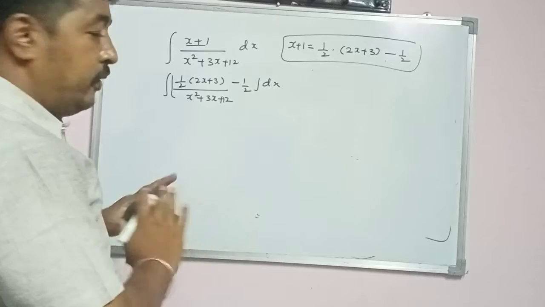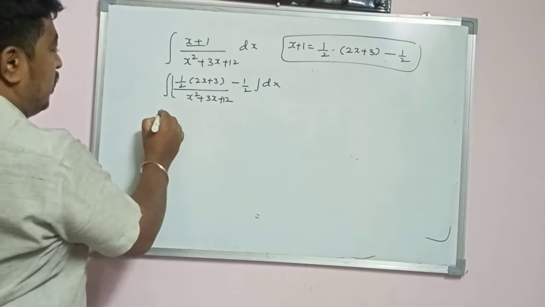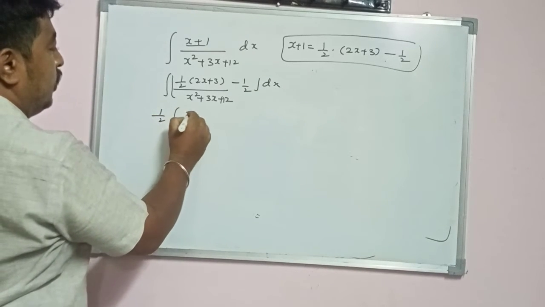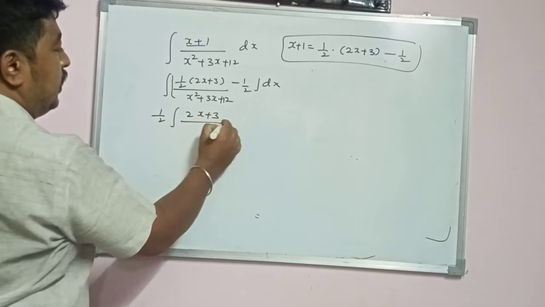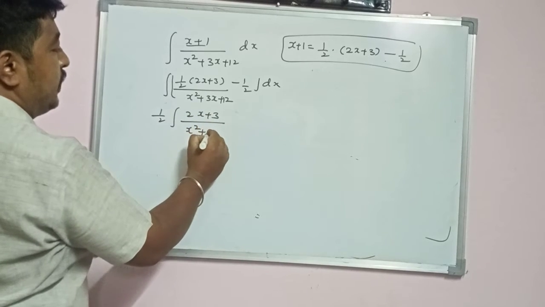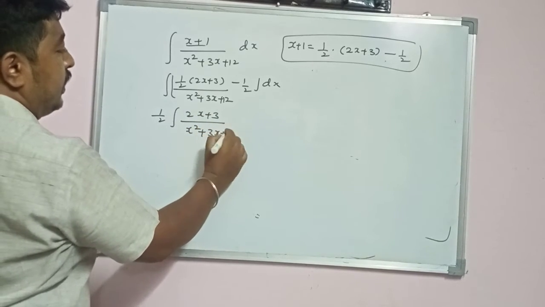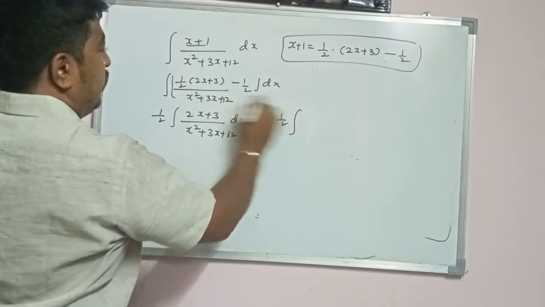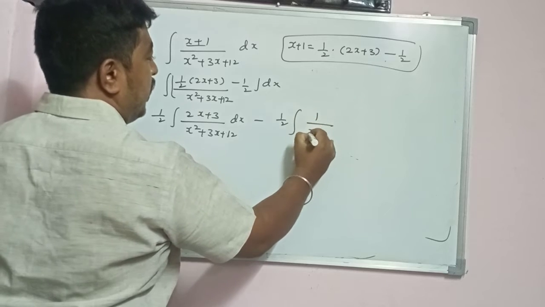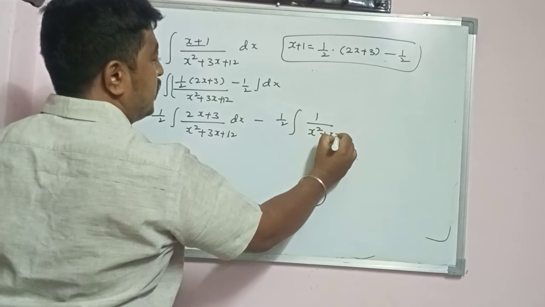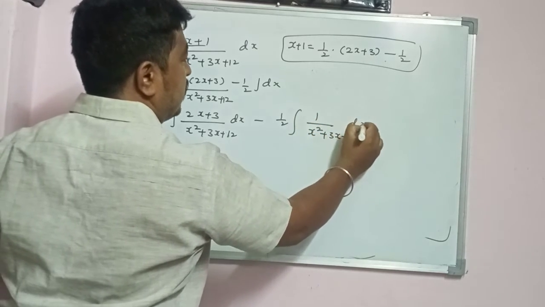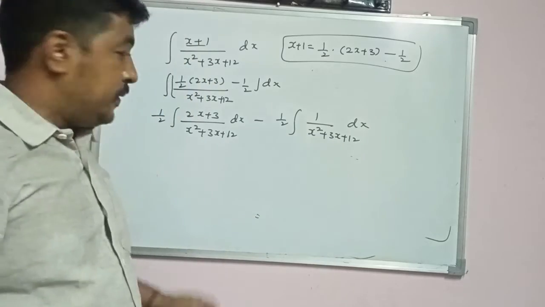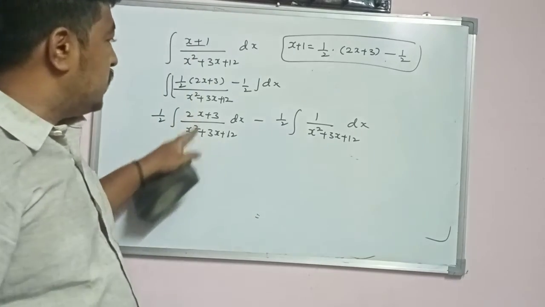Now I want to divide partially, that is half integration of (2x + 3) / (x² + 3x + 12) dx minus half into 1 / (x² + 3x + 12) dx. Just observe, this is the one condition.